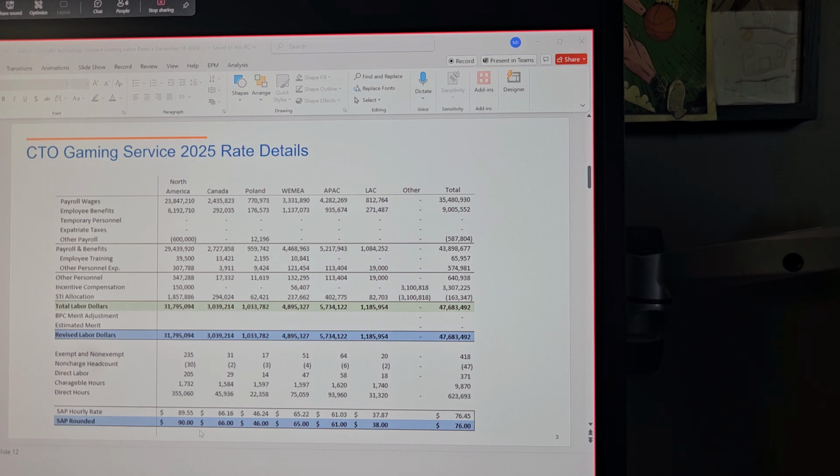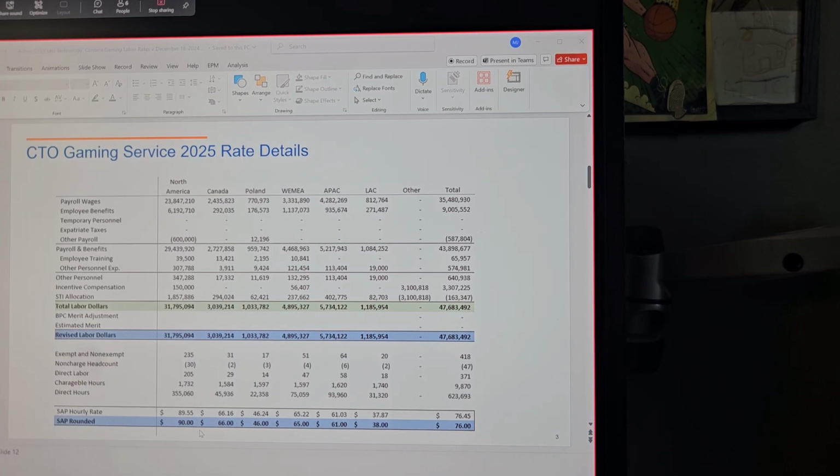If you take the total labor dollars of 31,795,000 and subtract out the payroll wages of 23,847, then divide that difference by the 23,847, that's a 33% increase. You get the short-term incentive and some other comp, and I don't know what the other personnel expenses are. There's a little extra in there that we either don't have or historically haven't baked into our overhead rate.